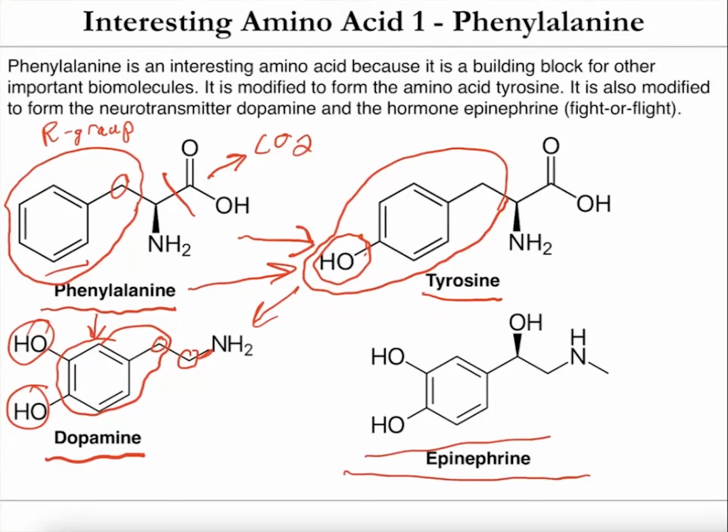So epinephrine, you can see, is also very similar to tyrosine, and that's because it's actually synthesized from tyrosine, or I'm sorry, from phenylalanine in your body. So that's interesting. Amino acid number 1, phenylalanine, and also we talked a bit about tyrosine.